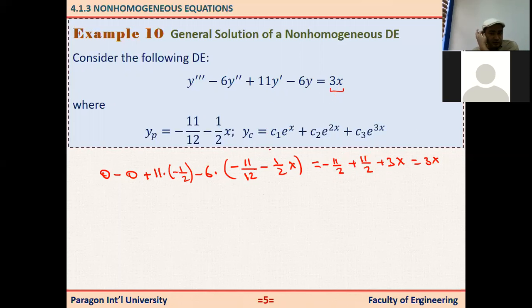Let's see also the solution, and the complementary solution. You see here, the order is 3. That's why here we have 3 linearly independent functions. If the order is 2, then usually we'll have 2 functions here. If the order is 1, at that time it's just C times something.